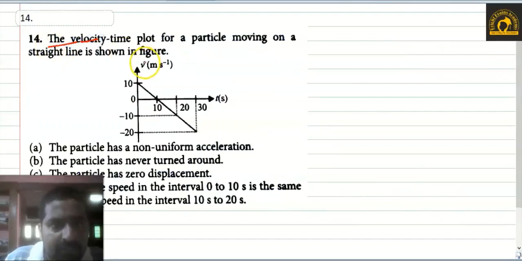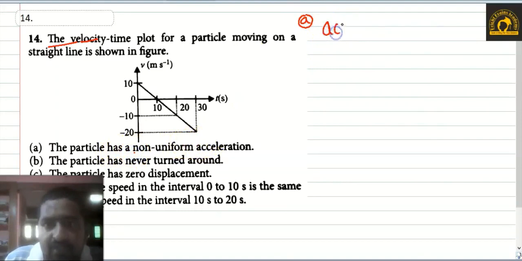This is the velocity time graph. A particle is moving in a straight line. Let's see the 4 options. First option: the particle has non-uniform acceleration. So how to find the acceleration?